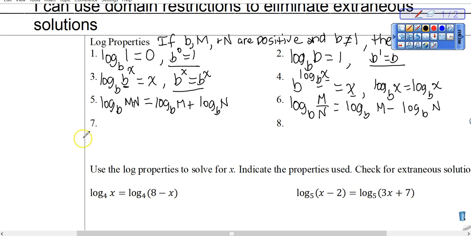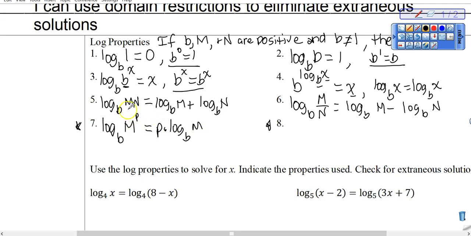Okay, these last two we are going to employ often today. This first one I like to call power up and power down. And it looks like this. The log base b of m to the power p, and remember p can be anything I want, the log of a power is equal to the power times the log.